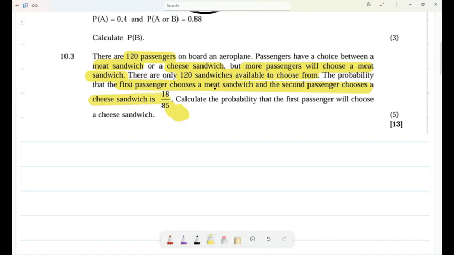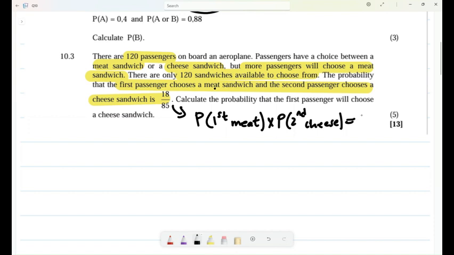We are told that the probability that the first passenger chooses meat, multiplied by the probability that the second passenger chooses cheese, is 18 divided by 85.